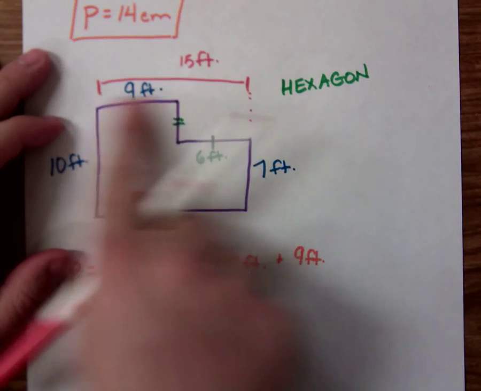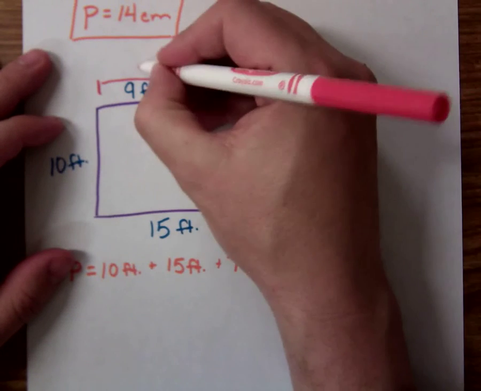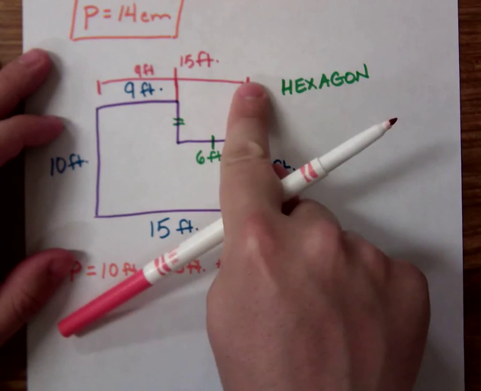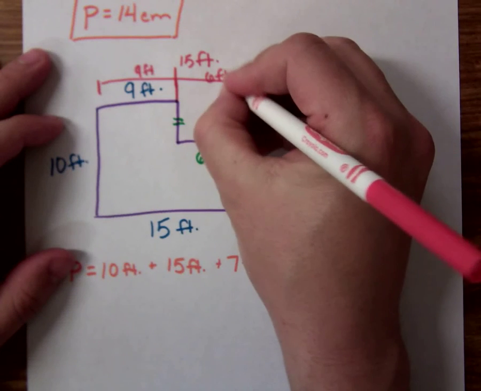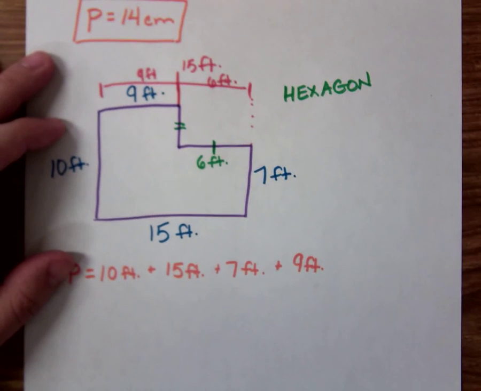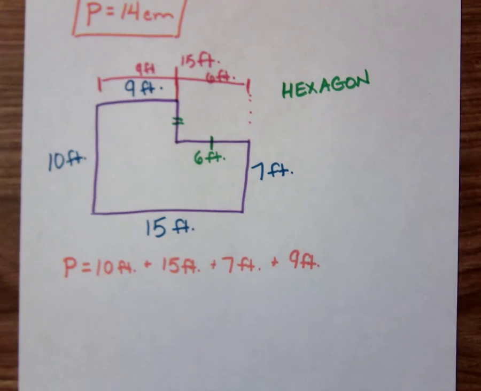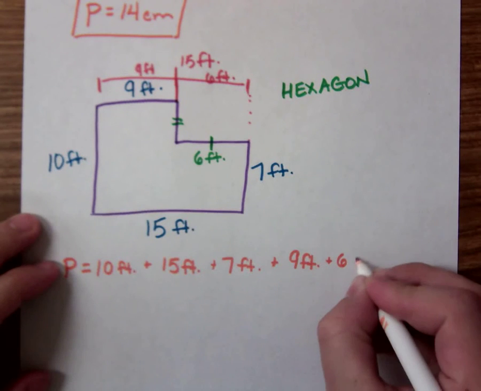This piece right here was 9 of those 15 feet. So how much does this section have to be? 15 minus 9, 6 feet. And I can check my answer by verifying that 9 plus 6 is 15. That makes sense? So now I can add another number to my list here, plus 6 feet.